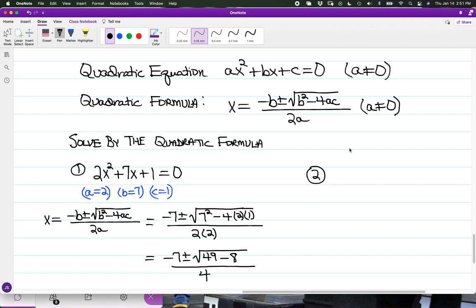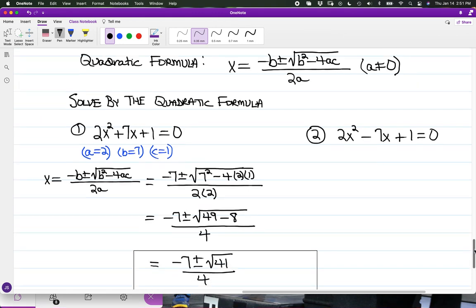Let's say just a little bit of a change up. It's almost the exact same equation, but this time I have 2x squared minus 7x plus 1 is equal to 0.